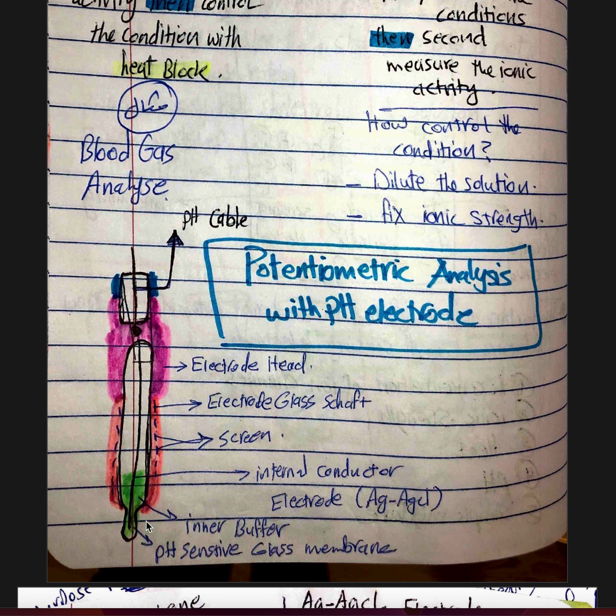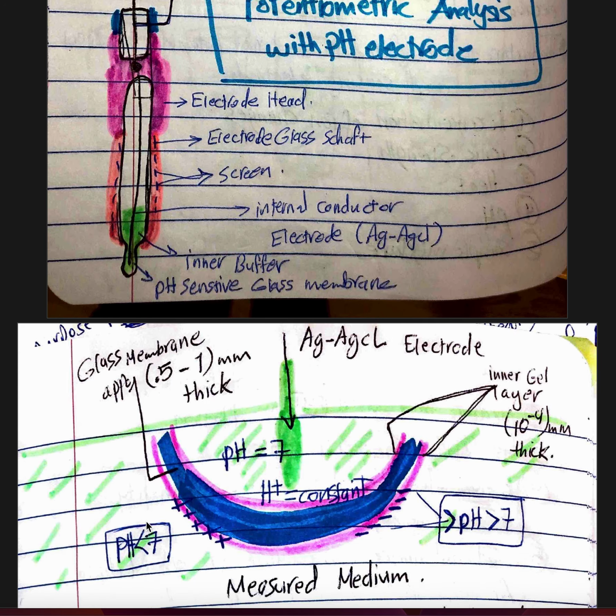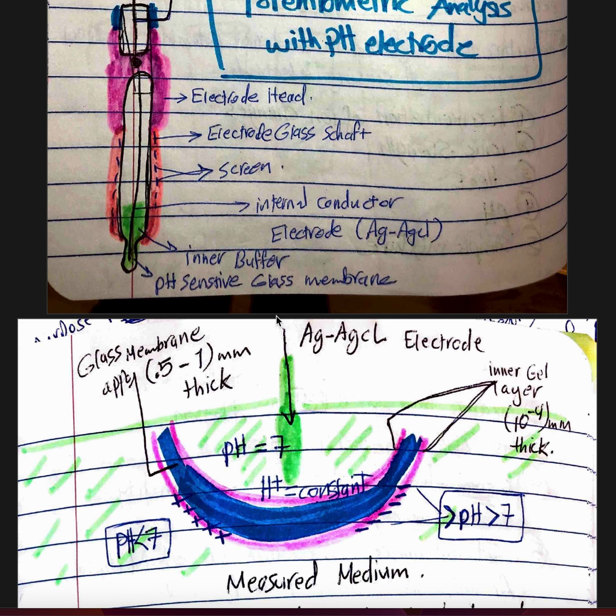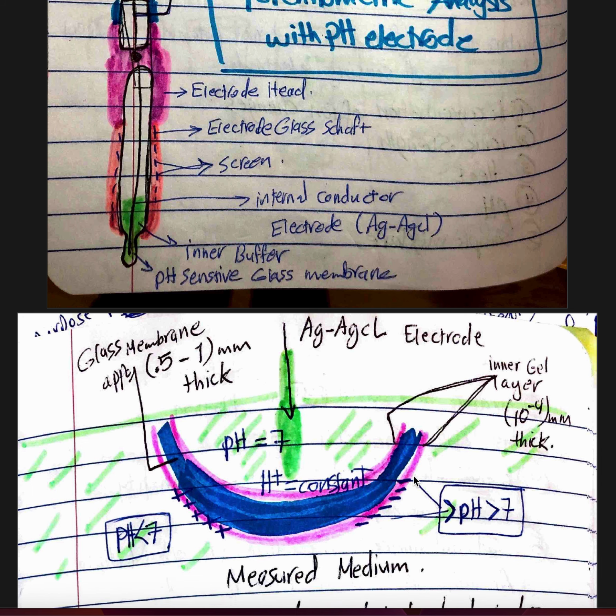We measure here because it is pH sensitive. Across the glass membrane, on one side the pH is more than 7 and on the other side the pH is less than 7, so one side is alkaline and the other acidic.